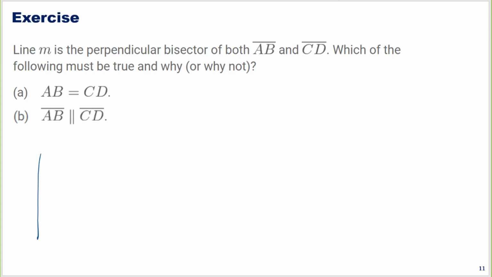So suppose this is AB, and there's another segment CD, right? M is perpendicular bisector of both AB and CD. That means M is here. Okay, you can start now.